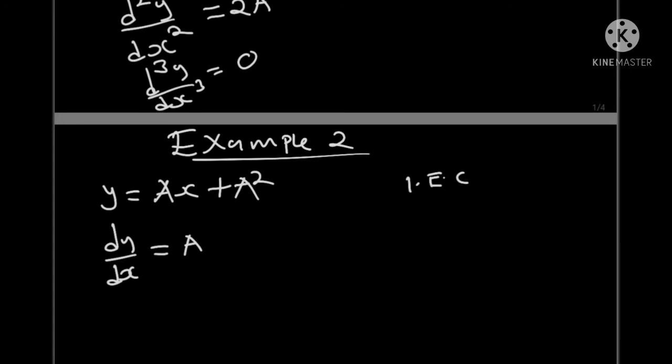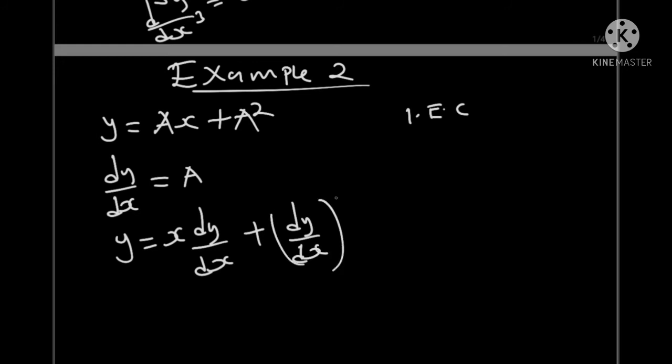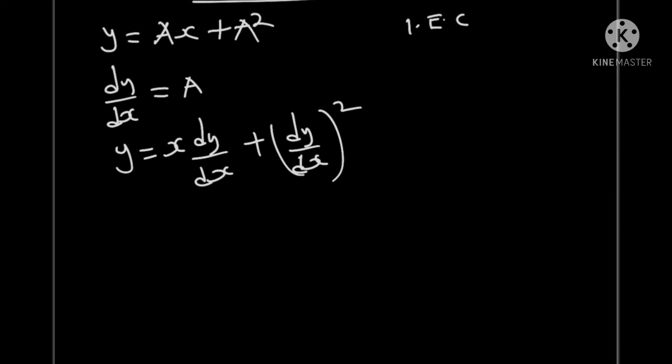Now, we need to substitute the value of a in the original equation. Therefore, we have y equals x dy over dx plus (dy over dx) squared. This is the required ordinary differential equation.